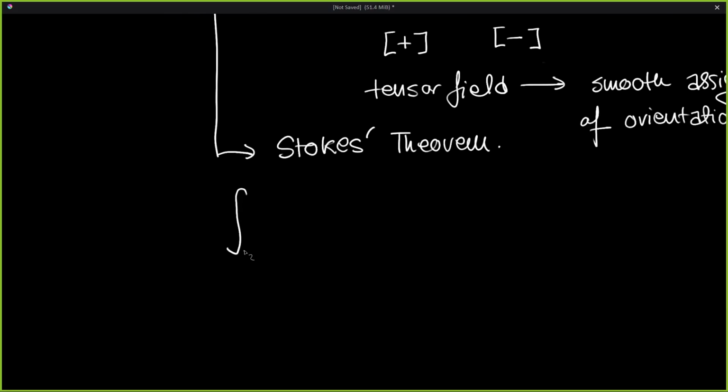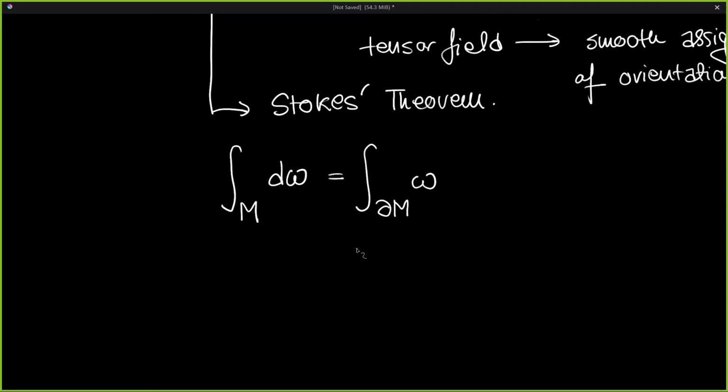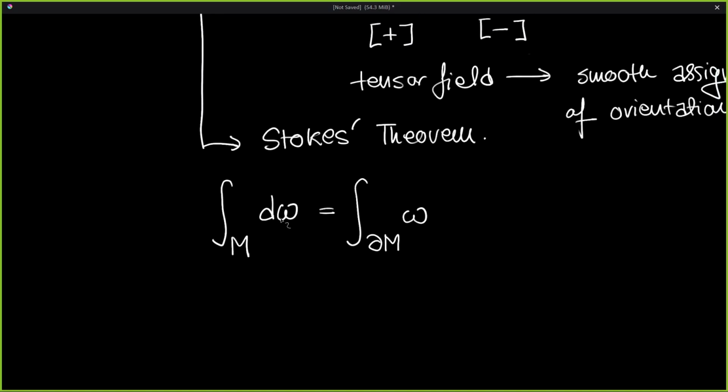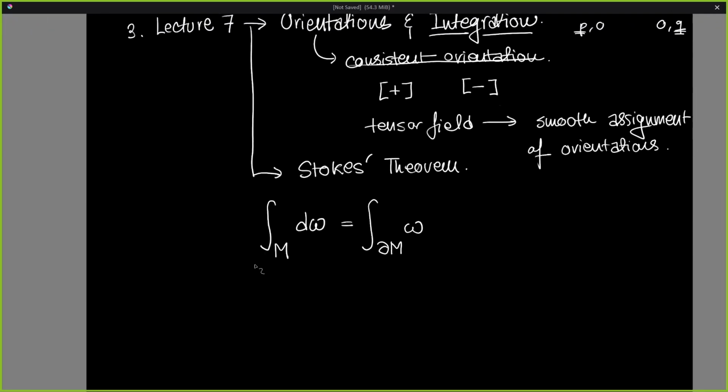The integral on a manifold M of d omega is equal to the integral on the boundary of M of its, let's call it, antiderivative. Informally, d omega is the exterior derivative of omega, so you could consider omega to be the antiderivative. But this is what it says.